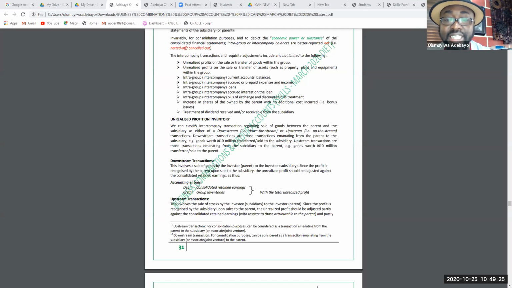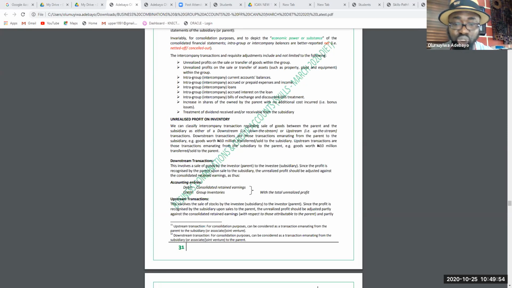Which then means that if 100% of it has been sold, it then means that 100% of this 2 naira is realized. If 0% of it is sold, which means the entire 100% is unsold, it means 100% is unrealized. But if it's a mix, means that all what you sold to your subsidiary, part of it your subsidiary has sold to others, while part of it remains in inventory.